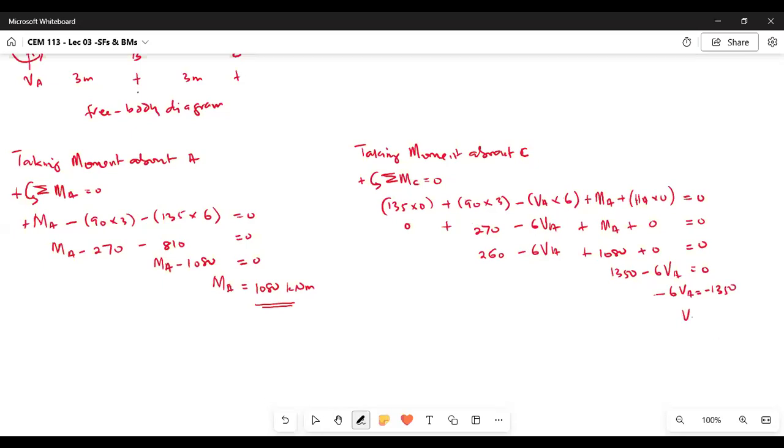So that VA is equal to negative 1350 over 6, and VA is going to give us 225 kilonewton.